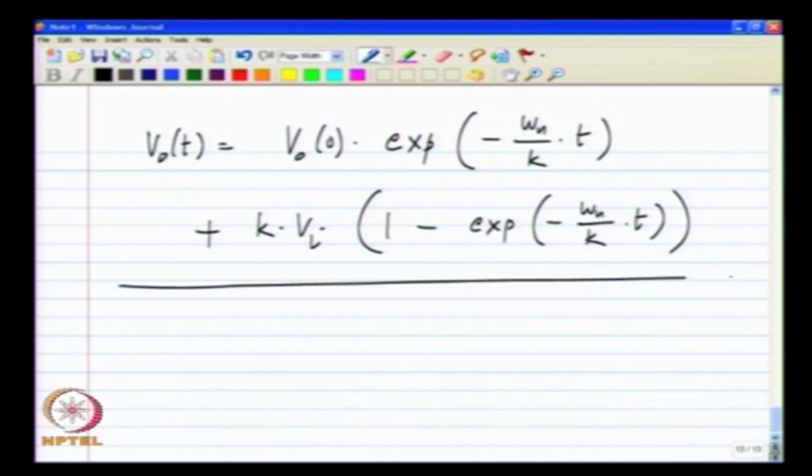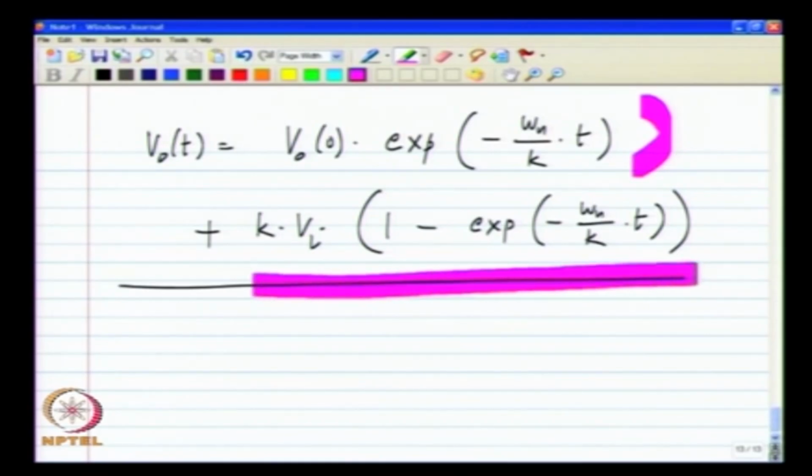So, this is the solution to the first order differential equation which governs our negative feedback system. What it says is the initial condition at the output decays with an exponential and the desired output grows as an exponential.